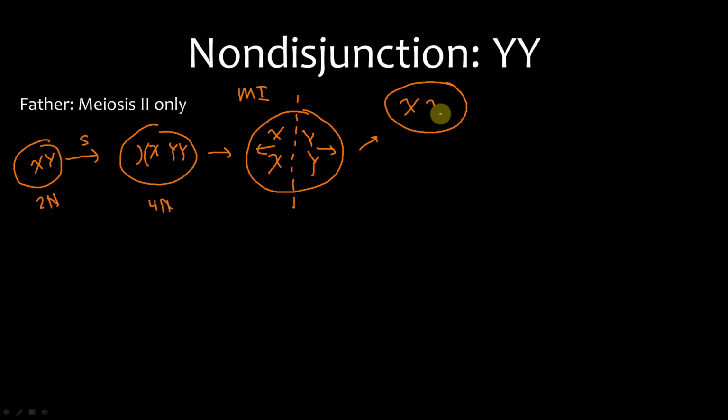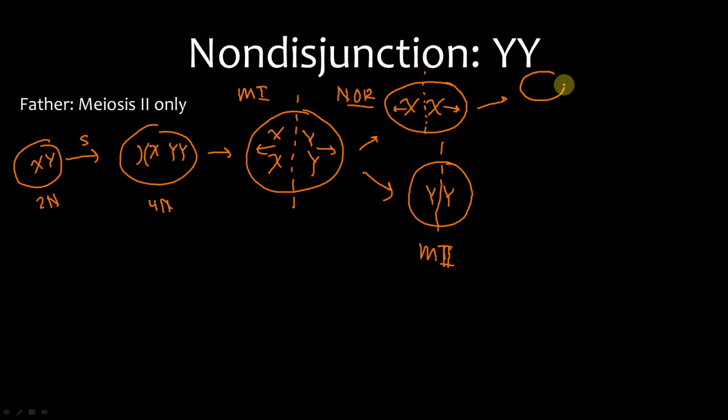Then we get X, X, Y, Y. This is metaphase 2. So here's our metaphase plate. So, like we said, in meiosis 2, this is where we have our non-disjunction. So normally, we would expect them to segregate like this, right? So this is normal.